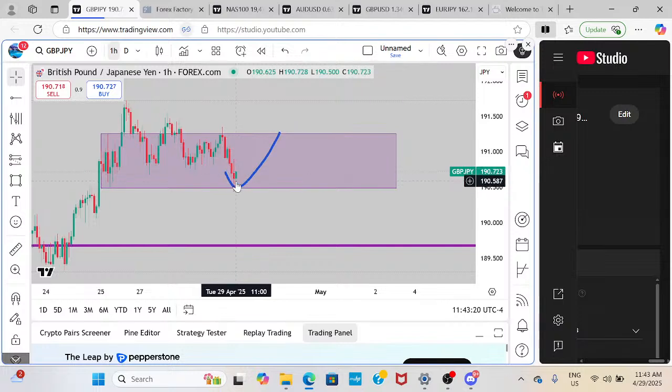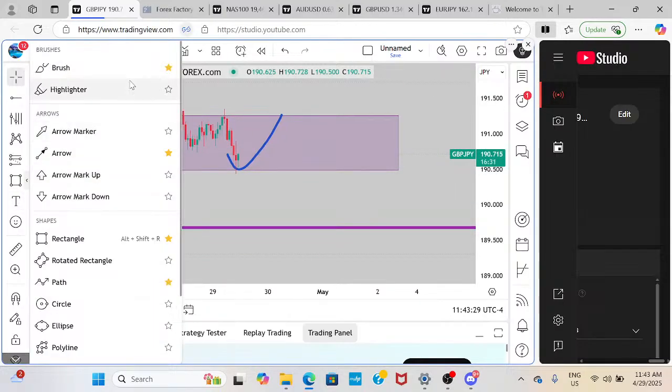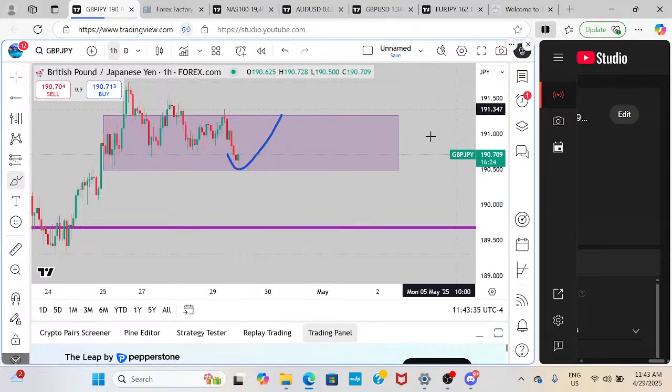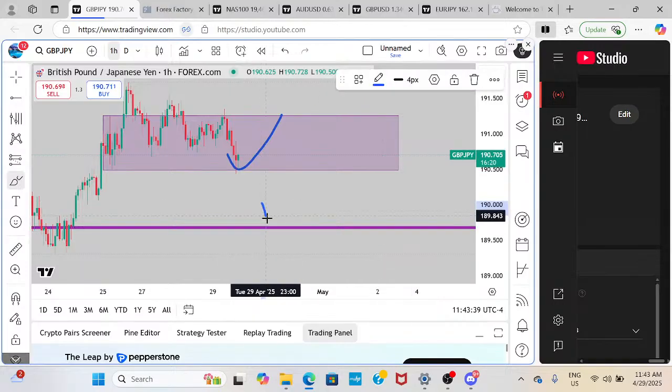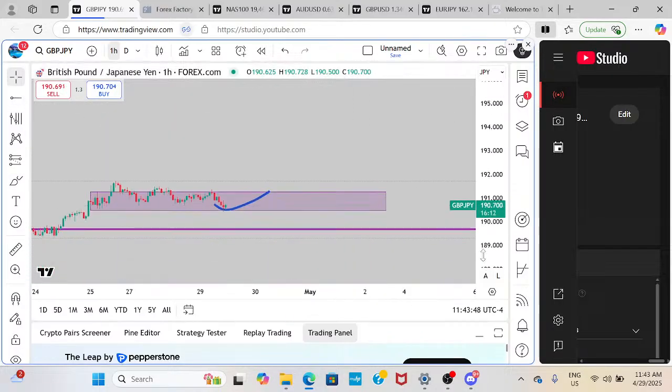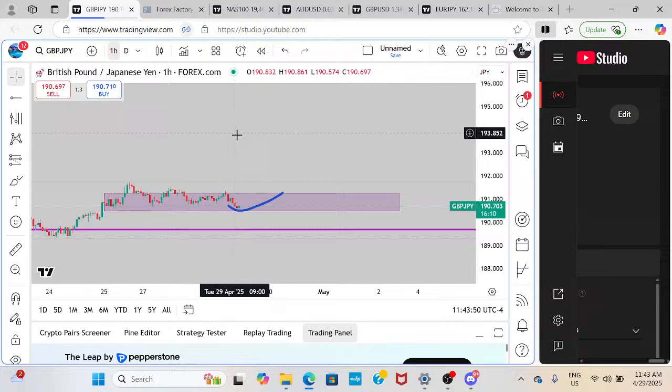Good area number one: you can enter at this current price, 190. This is one good area to enter a buy. If the price drops lower, the next area to look for a buy is around 189. And then the main target is all the way up here.